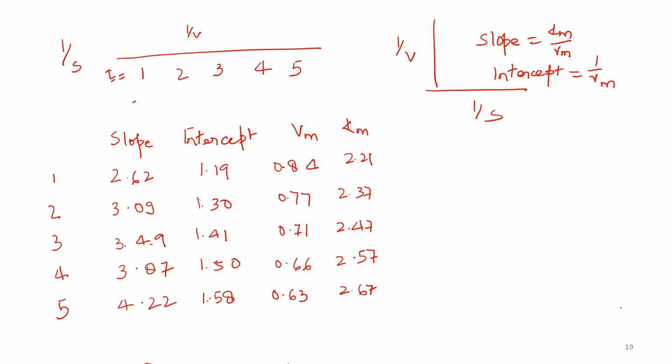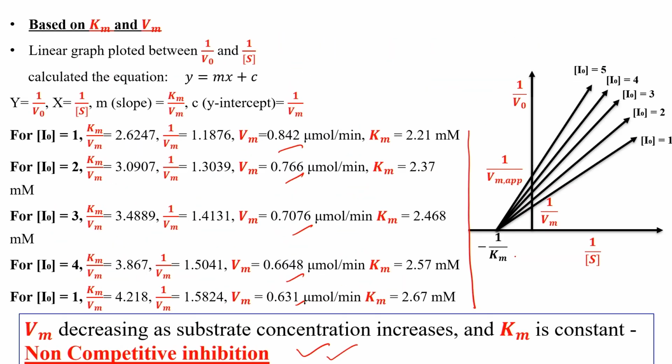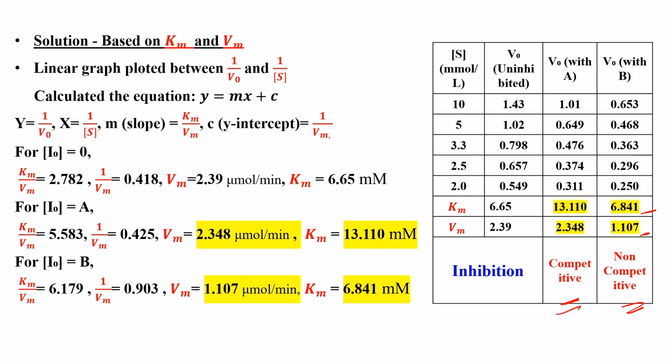I can revisit the slide again. Km is increased, competitive; Vm is unaffected. Km is unaffected, Vm is reduced, non-competitive inhibition. So, A is a competitive inhibitor, B is a non-competitive inhibitor in this case.